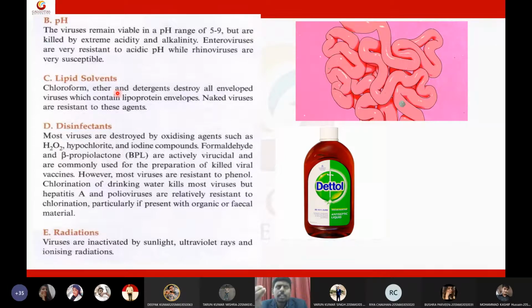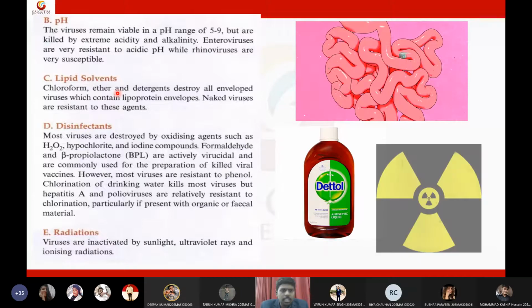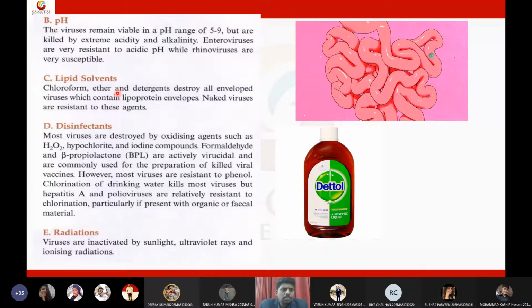So you can kill enveloped viruses via alcohols, or even solutions like Dettol and Lysol. Then the next one is disinfectants. Viruses can also be killed with the help of many disinfectants like beta propiolactone derivatives, formaldehyde, Lysol, benzene, and Dettol.